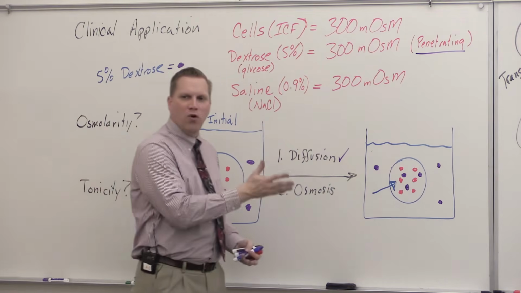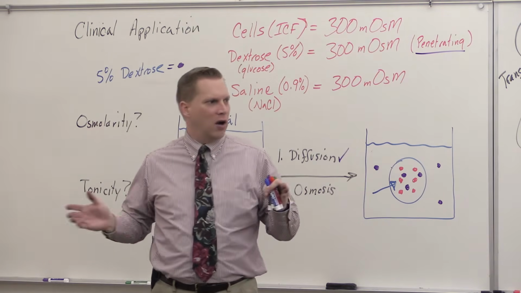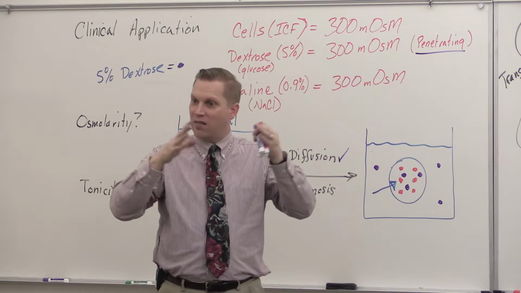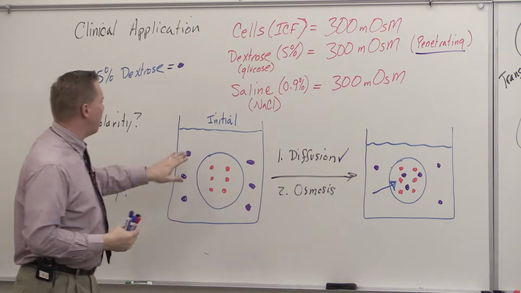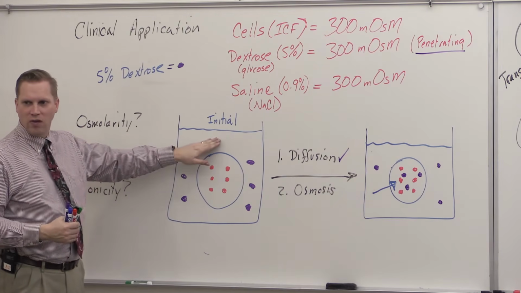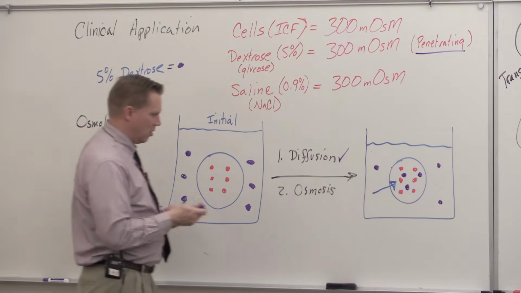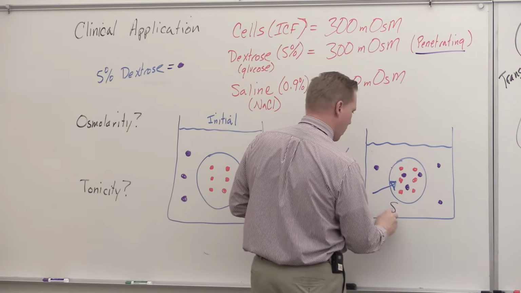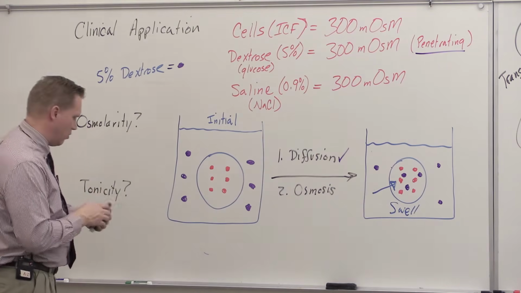When that water moves inside the cell, what's going to happen to it? Well, we learned earlier that as water moves inside, it causes that cell to swell. That means that a 5% glucose solution, dextrose, that we set up earlier, what's its tonicity? Well, it was going to cause the cell to swell and probably eventually lyse if it's an animal cell.